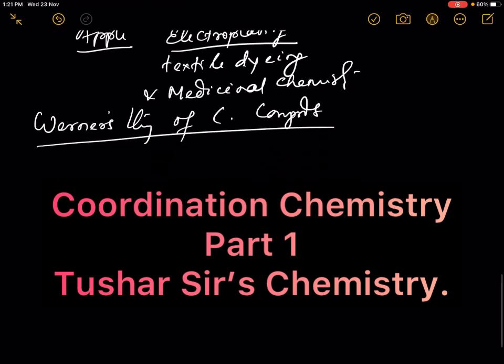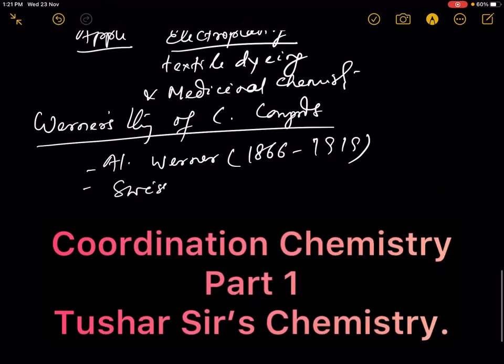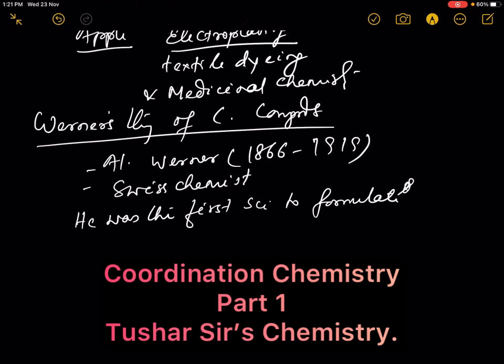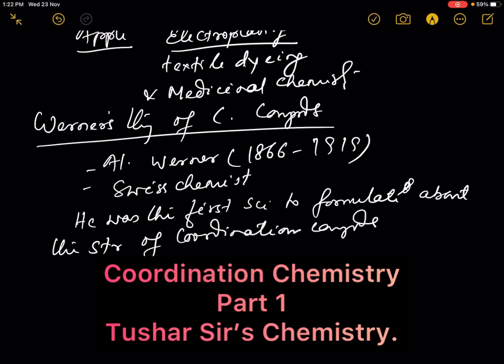Alfred Werner, a Swiss chemist, was the first scientist to formulate the structures of coordination compounds.